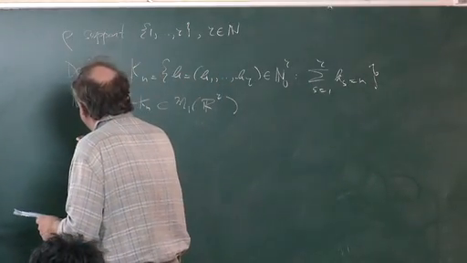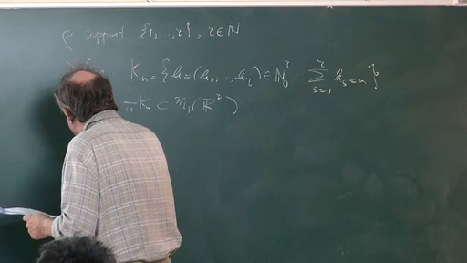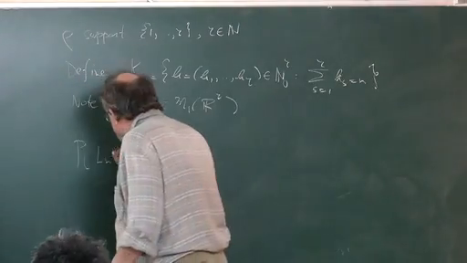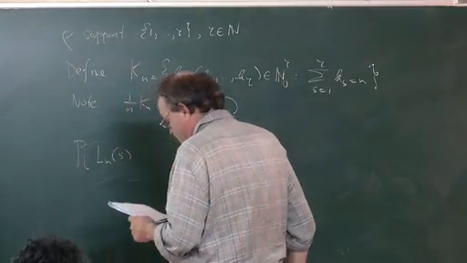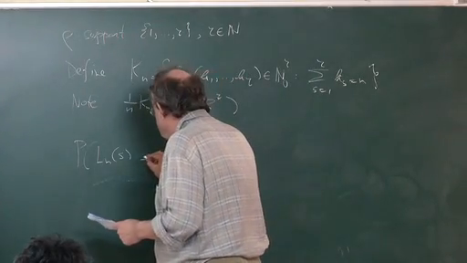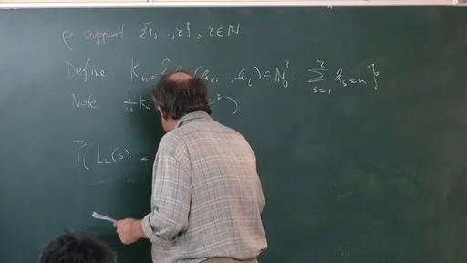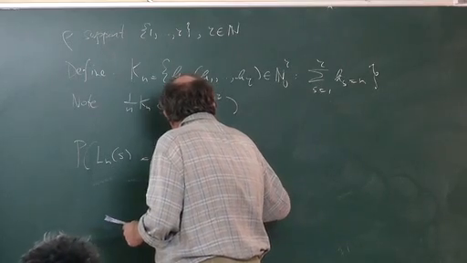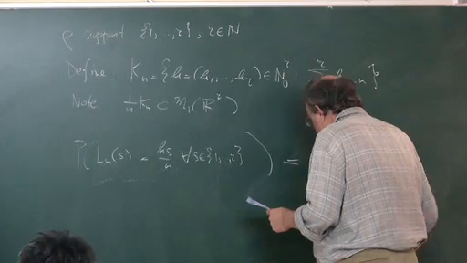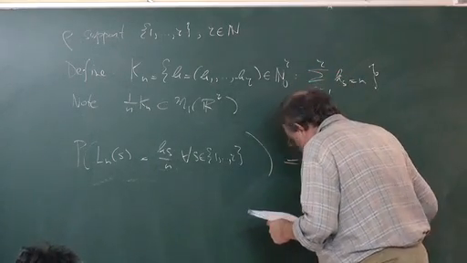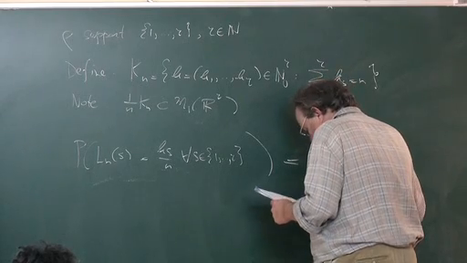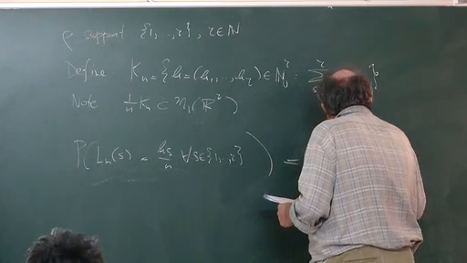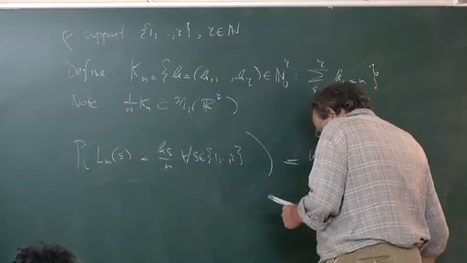Now, an important fact is the probability that this empirical measure at the point s is equal to k_s over n for all s in 1 up to r. That is very easy to compute. That is a multinomial. It's n factorial times the product over s from 1 up to r of rho(s) to the power k_s over k_s factorial.